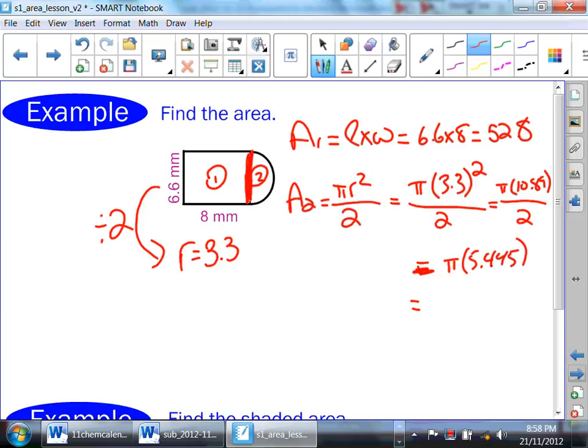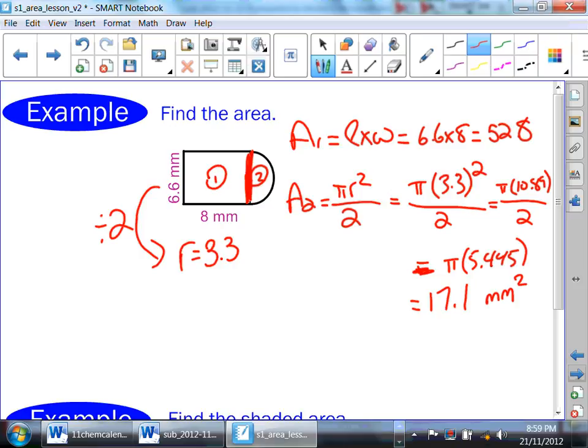So I'm going to take 5.445 and multiply it by pi. So again, to use the pi button on my calculator, I press Shift EXP and then multiply it by 5.445, and I get 17.1 millimeters squared if I round to 1 decimal place.